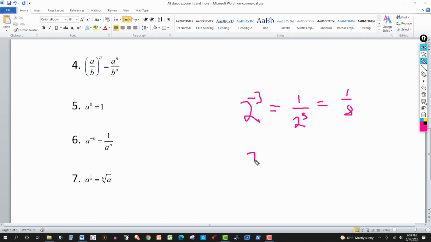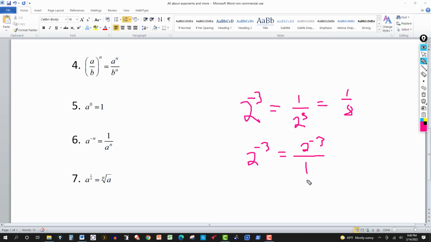So that you can see this, let me set it up over here this way. Let's suppose, how do they come up with these rules? Well, 2 to the negative 3 equals 1 over 8. We can do this. I'm going to write 2 to the negative 3 over 1.